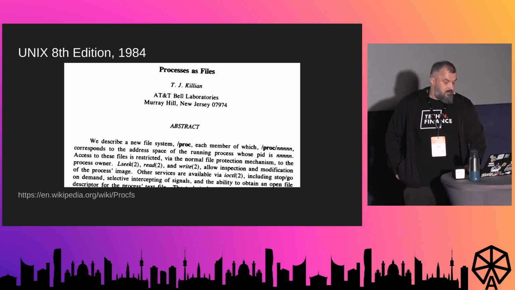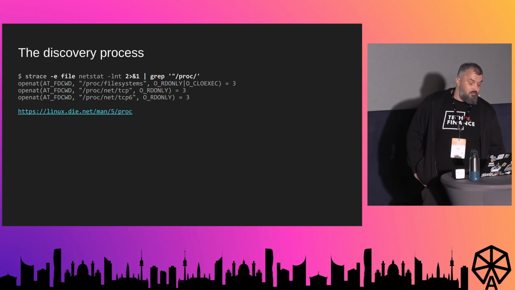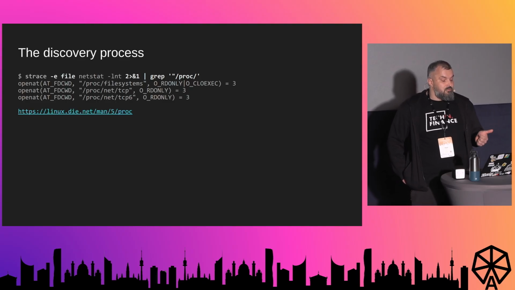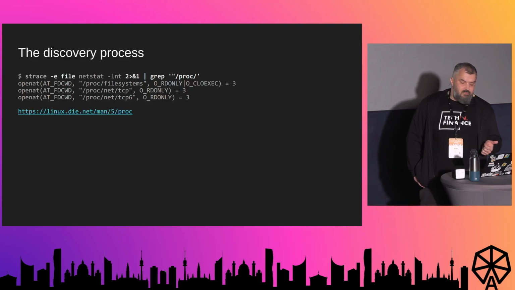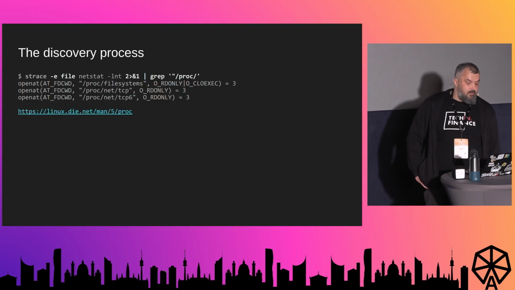And how do you explore this file system? You could read the documentation. You could go through the kernel source. The way I approach it is I have this tool called strace, which traces system calls into the Linux kernel. And then I tell it that I'm interested in these specific system calls that are related to files. So that's -e file. And then I launch whatever command I want to.